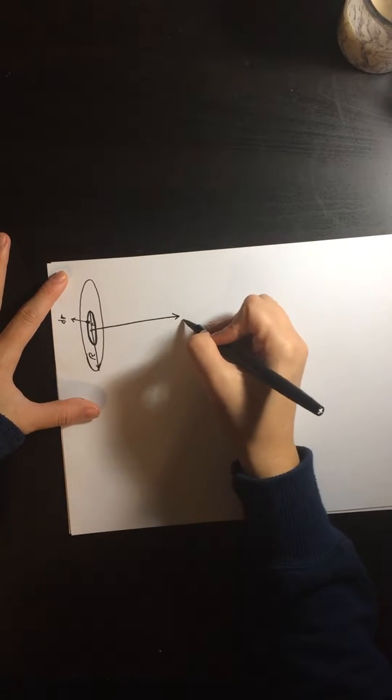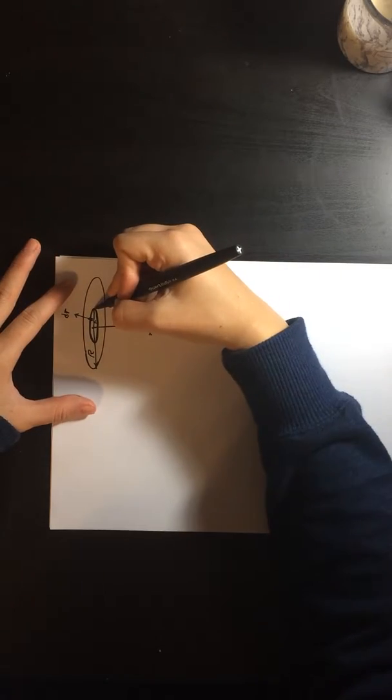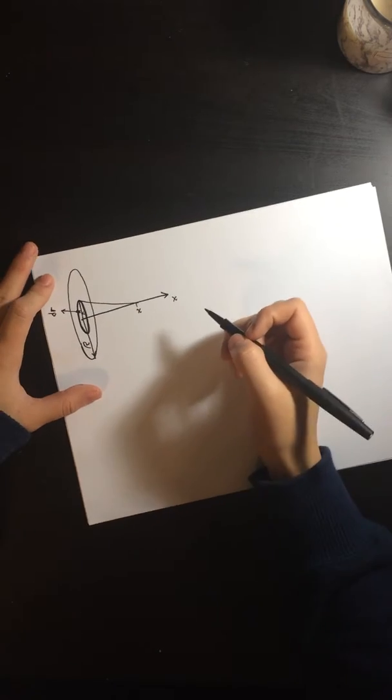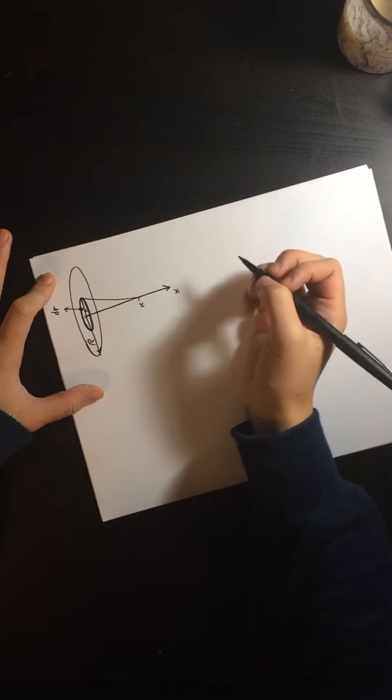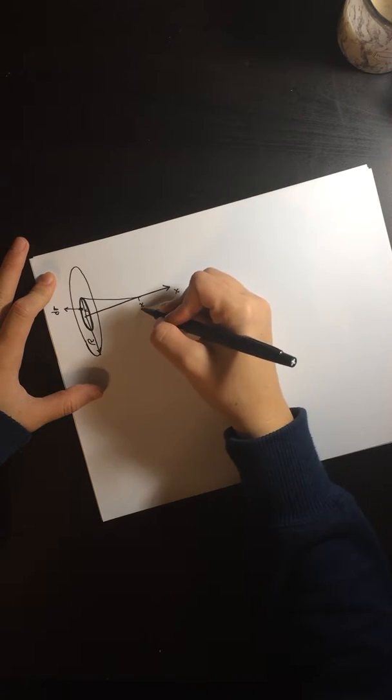And here we have the x-axis, and let's say this is x. And then we want to find the distance between the edge of this ring and a point on the x-axis.